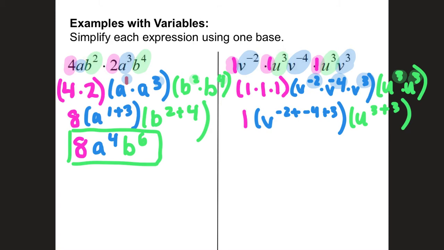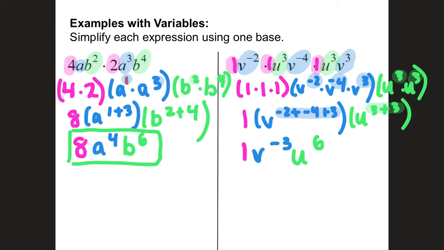And then when I simplify, this stays as 1. If I combine the v's, the negative 2 minus 4 plus 3, it gives me a value of v to the negative 3. And then if I combine the two 3's, that gives me a value of u to the 6.